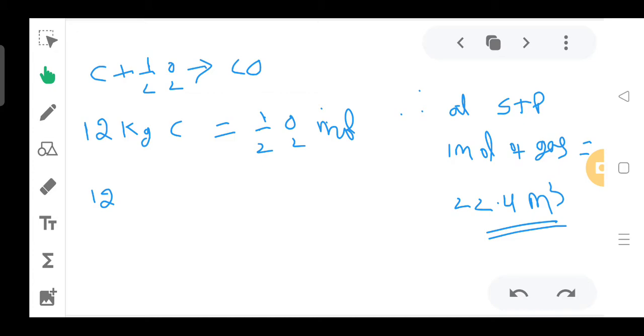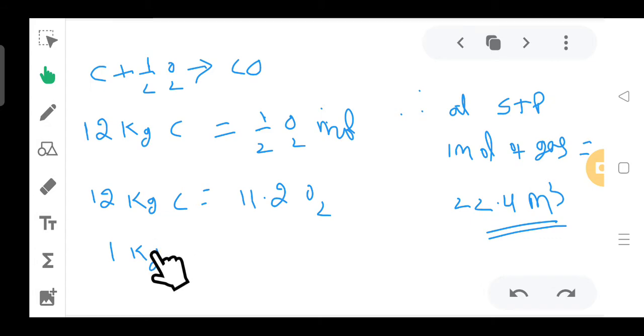And here we have 12 kgs of carbon. It requires half mole of oxygen. 1 mole of oxygen will occupy 22.4 meter cube of volume, and here we have only half mole, so half of the volume will be occupied by this gas. Half of 22.4 will be 11.2, so 11.2 meter cube of volume will be required.